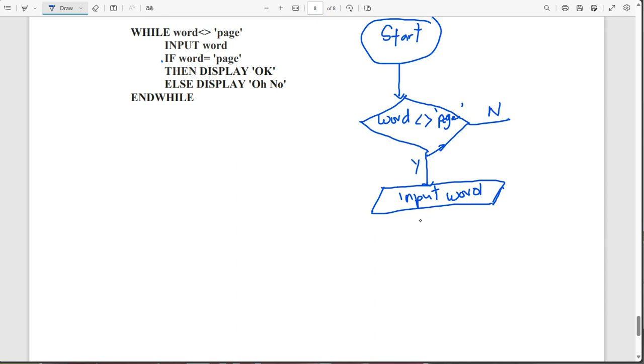If word is equal to page, that's another decision. So you're going to say word equal to page. That's another decision. It's a diamond. I'm trying. So remember your arrows. So if word is equal to page, what are you going to do? Let me fix this.